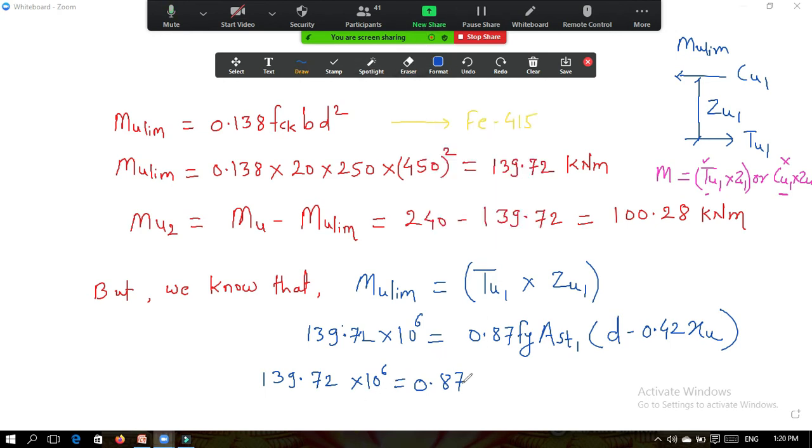So 139.72 into 10 raised to 6 is equal to 0.87 Fy, where Fy is 415, into Ast1 as it is, into d, which is 450, minus 0.42 into Xu max, which is 216. If you solve, you will get the value of Ast1. So let me know the value of Ast1. Sir, 1077.1.